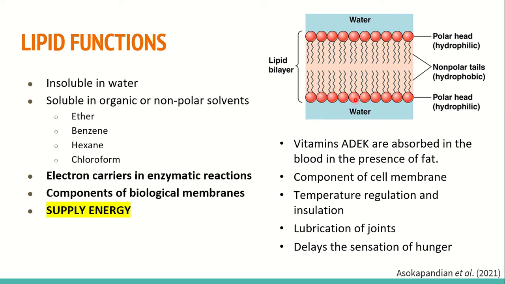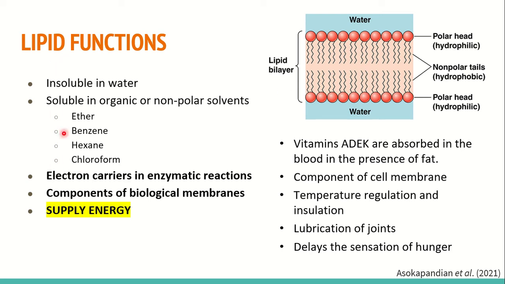The heads of our lipids are oriented towards the water because the head is hydrophilic, or water-loving. That's the polar head. And your tails are directed away from the water since they are hydrophobic.